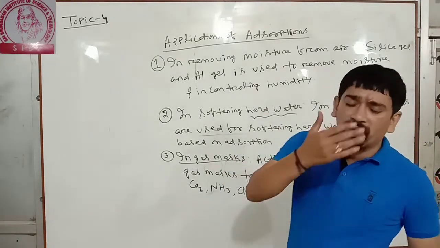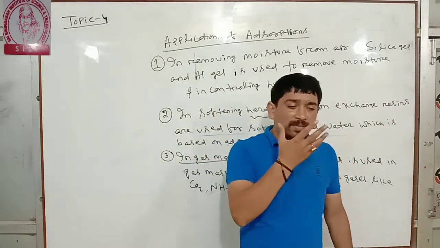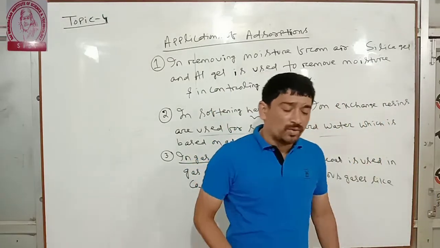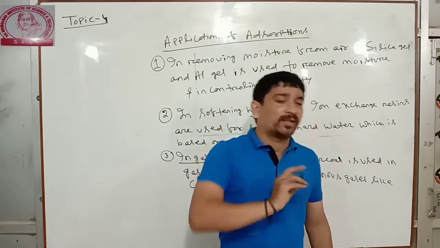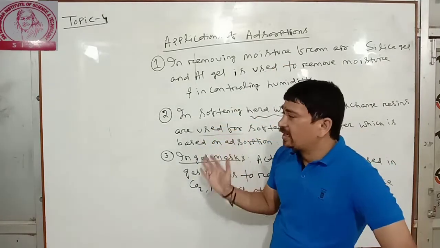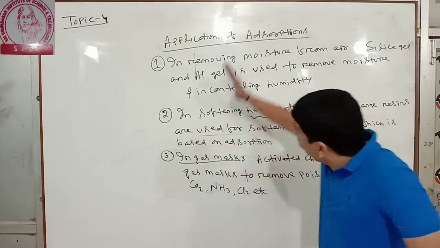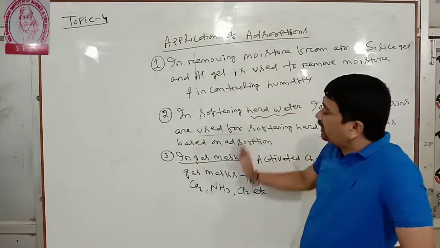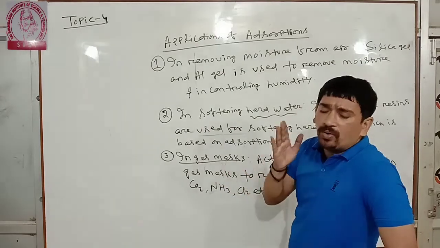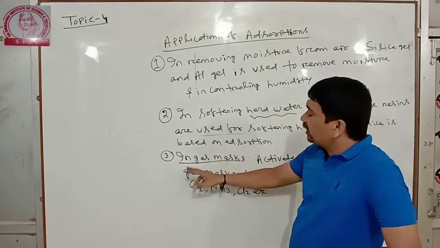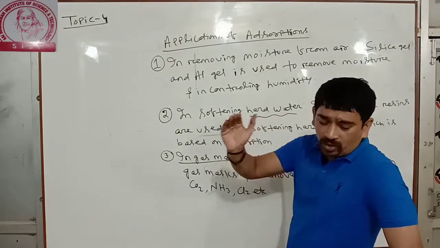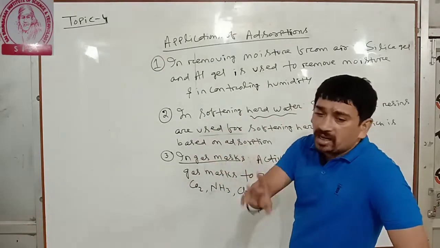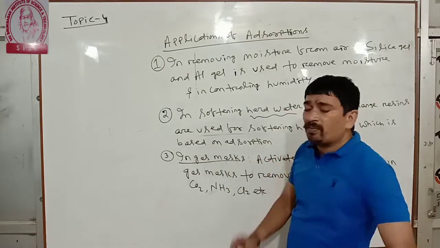Similarly, nowadays we are using masks every day to prevent coronavirus. The coronavirus gets adsorbed on the surface of the mask. So we are using masks everywhere. This is a major application of adsorption. When the government instructs people that whenever you go outside you must wear a mask, what is the utility of the mask?